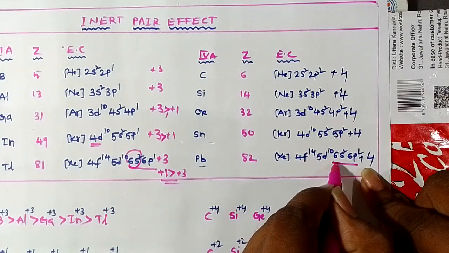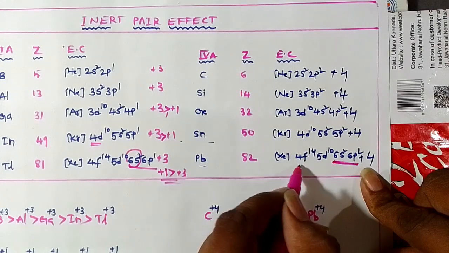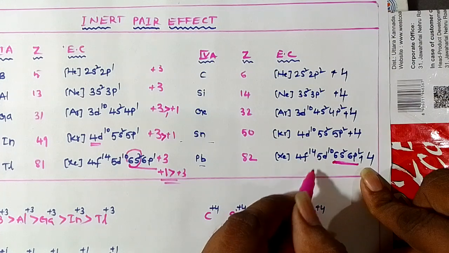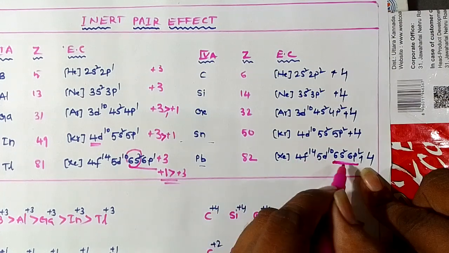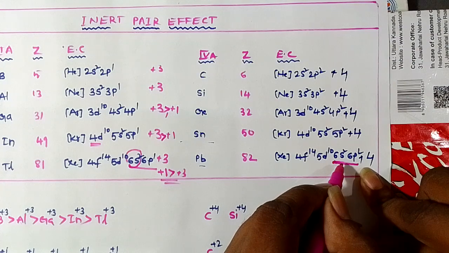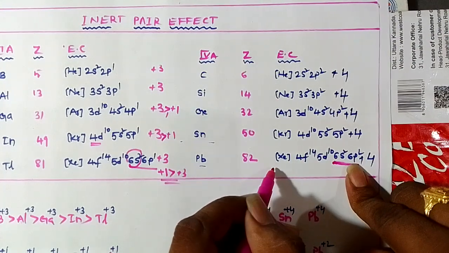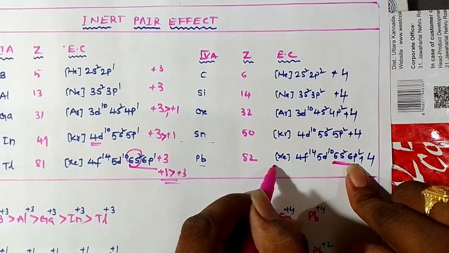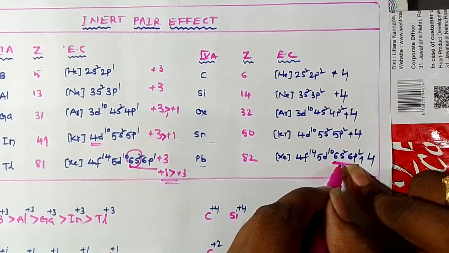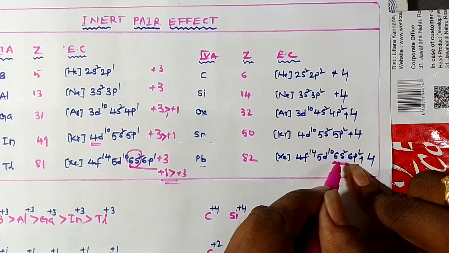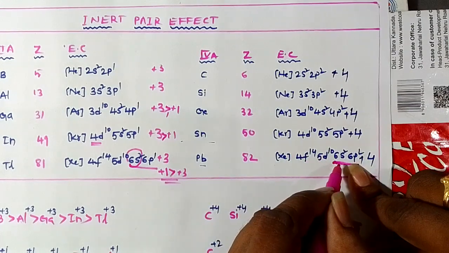The 6s2 6p2 are the valence orbitals. So the nucleus force of attraction is more on valence electrons. Mainly the nucleus force of attraction is more on s orbitals, because the s orbital has more penetration power.